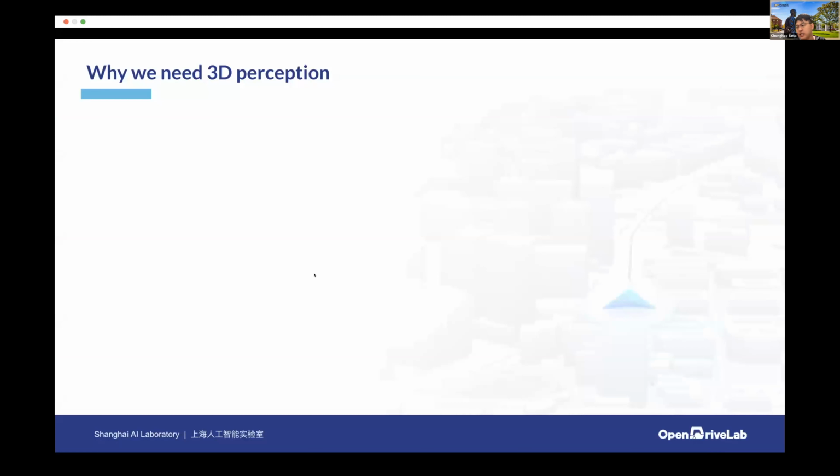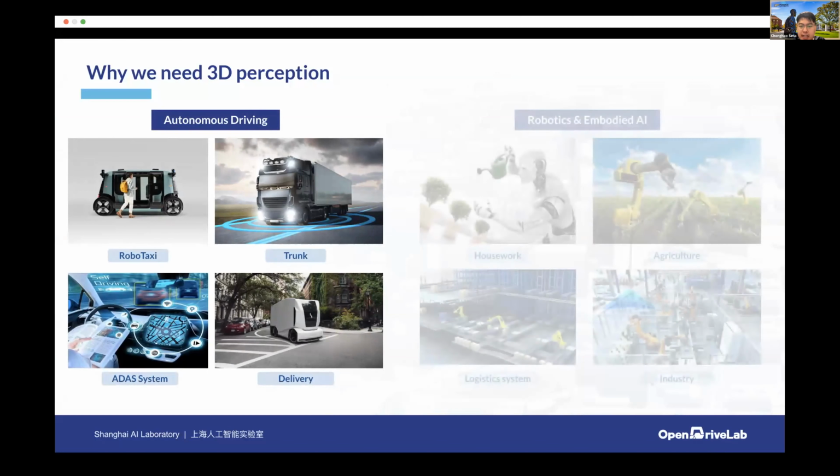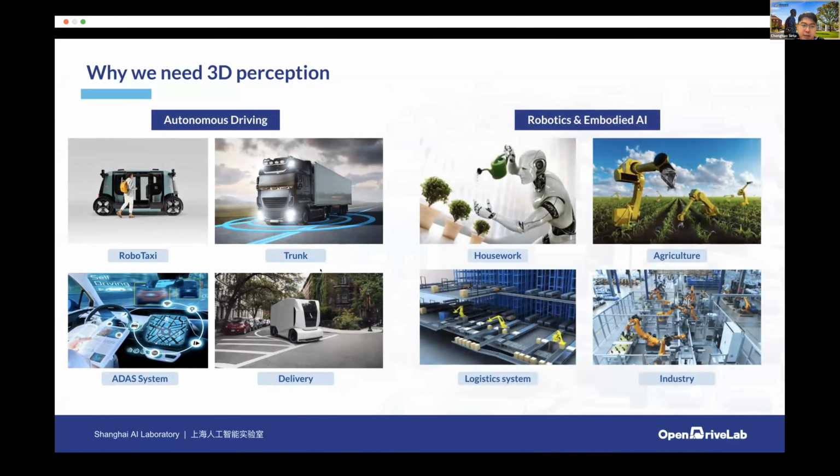So let me give some background knowledge about why we need 3D perception. Apparently we need 3D perception in driving to sense the world around, and in robotics and embodied AI, we also need 3D perception to find the affordance in the surrounding environment, to know what you can touch or to do housework.